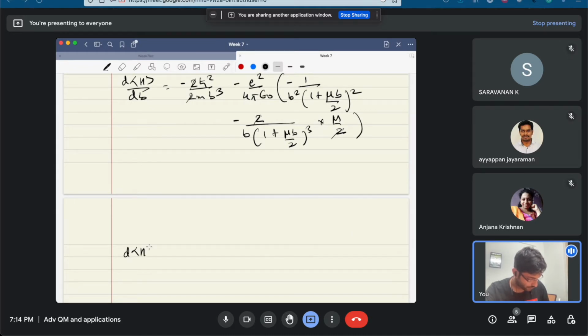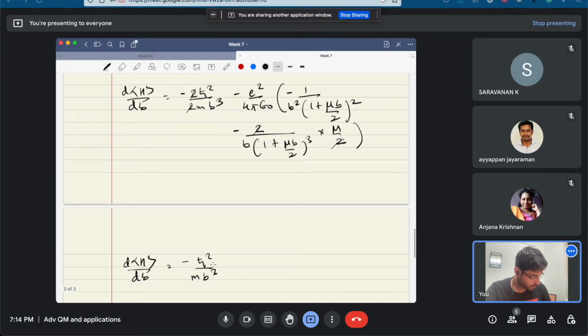So simplifying, minus h bar square by m b cube, and so minus comes out, this becomes plus 4 pi epsilon naught, taking the common factors out.